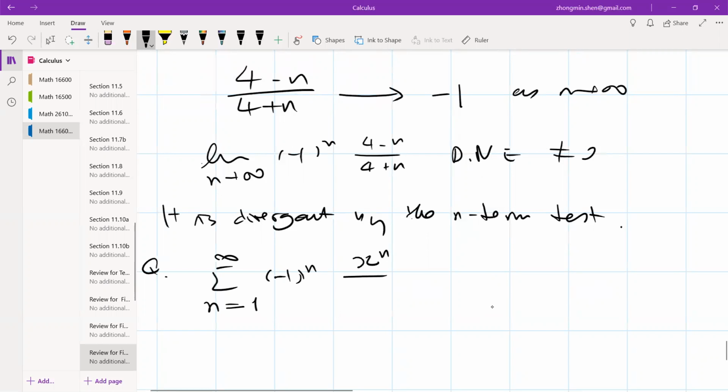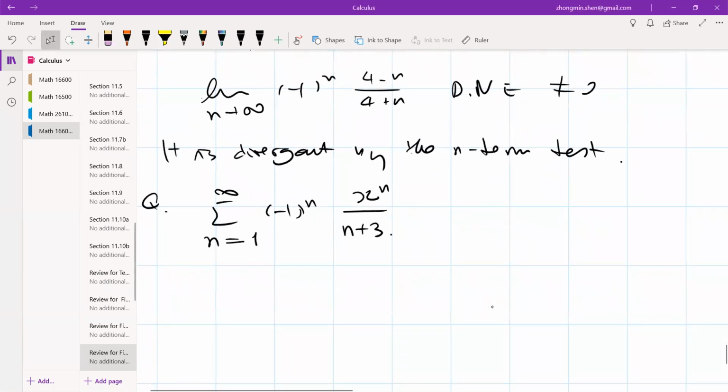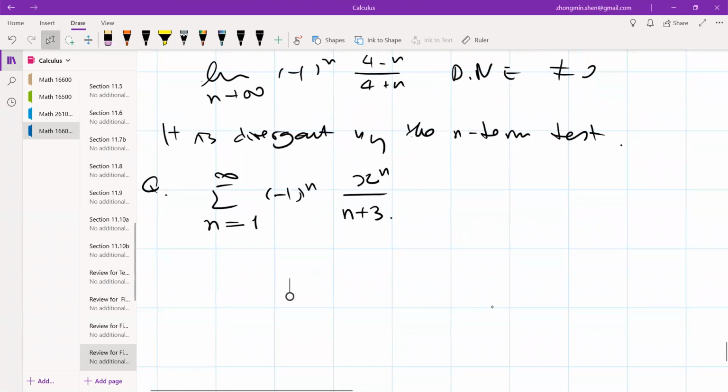Okay. So this is going to be n, just it's 1 over n plus 3. Okay, something like that. All right.